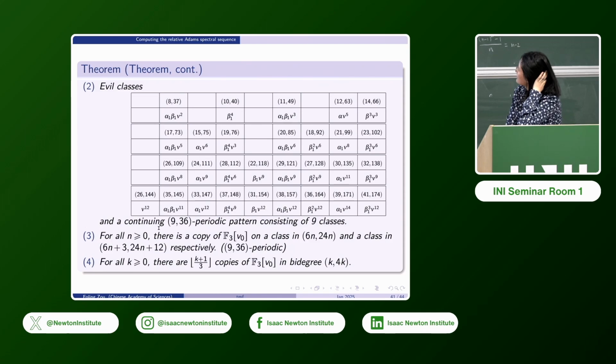And these evil classes will continue a 336 periodic pattern after this degree. And then there are also some copies of F3V0s. And these are also 336 periodic. And here, the number will grow as degree grows.